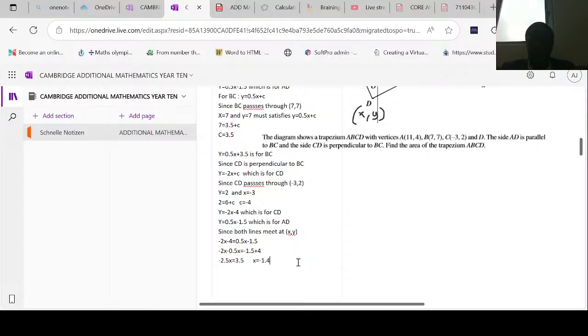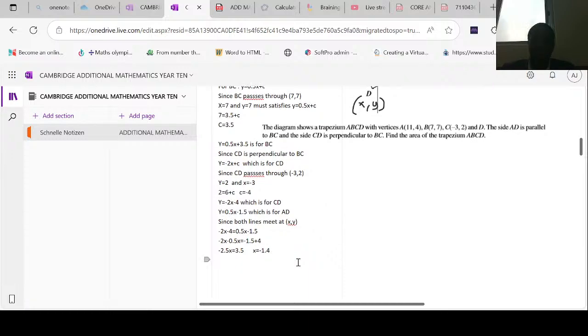Okay, so we've gotten the coordinate for x. To get y, we just substitute x equals negative 1.4 in any of those two equations because both of them meet. So let's just do it. The first equation will be easier for us because that's minus 2x minus 4.